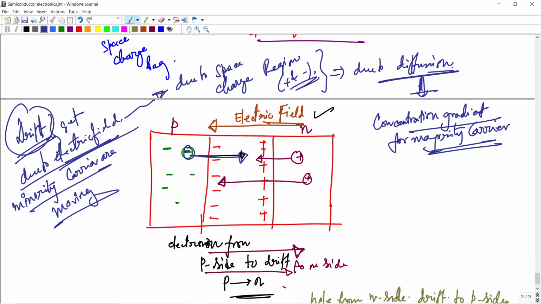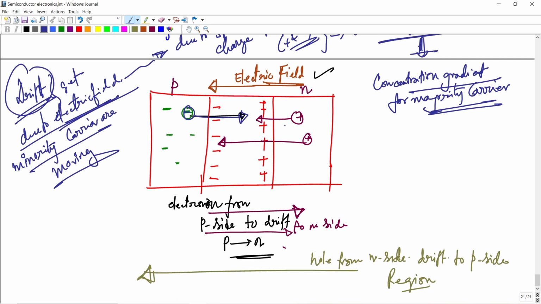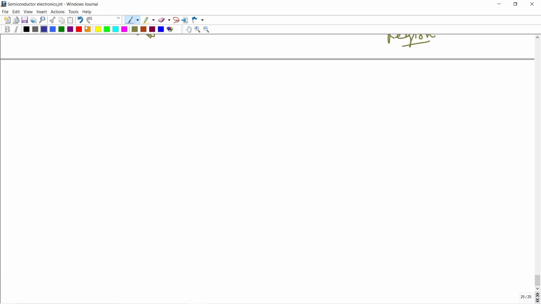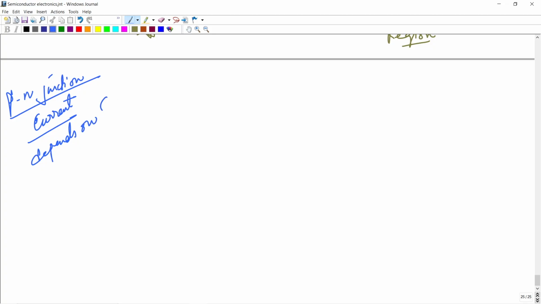Clear? So one is called diffusion, the other is called drift. These two are very important. So that's why you get two currents: one is drift current, the other is diffusion current. The PN junction current depends on two factors.